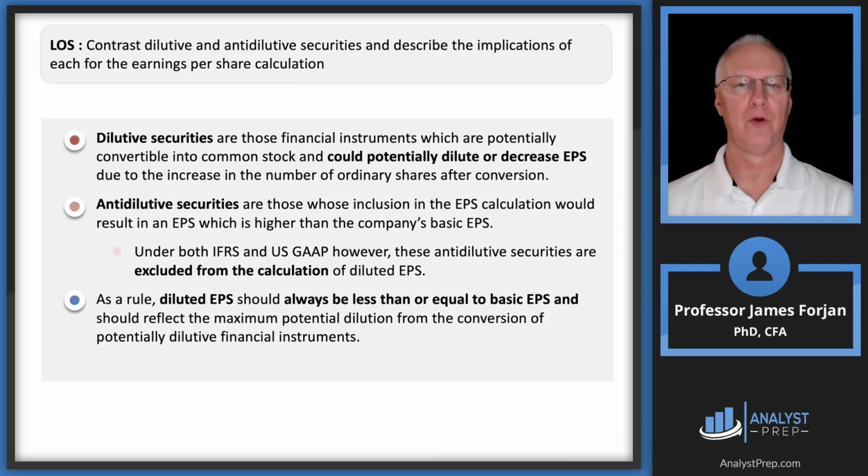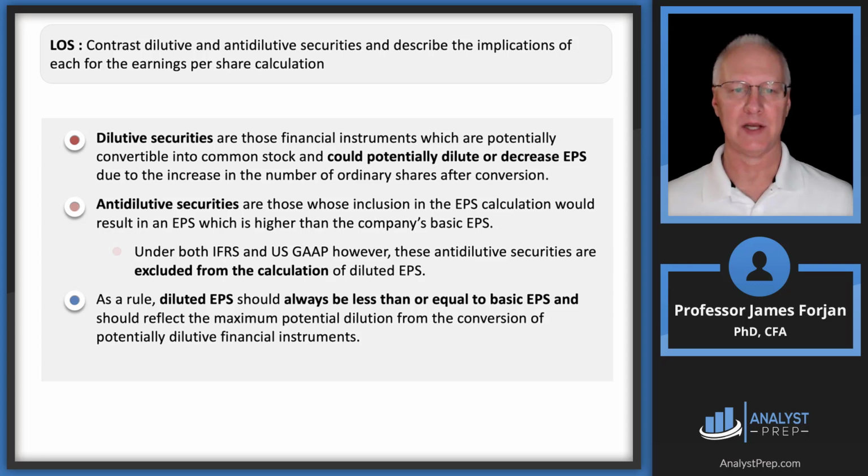Here we go. Know the difference between dilutive and antidilutive securities. So dilutive securities are those that will dilute or decrease the earnings per share, much like we have described in those previous three examples. However, there can be antidilutive securities in which the EPS results in an increase after considering these particular securities.